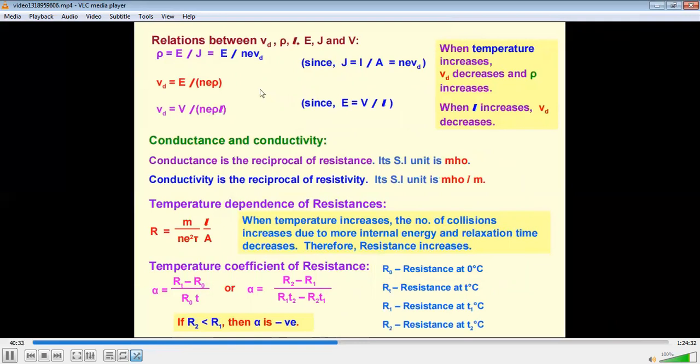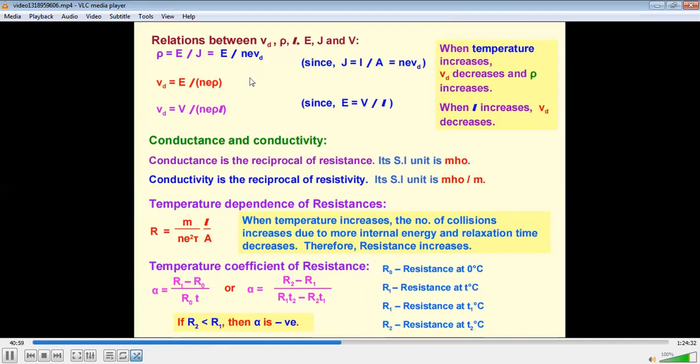When temperature increases, drift velocity decreases, and when specific resistance increases, then length increases and drift velocity decreases. So using these three formulas, rho equals to this one, drift velocity equals to electric field divided by n e rho, and drift velocity equals to V divided by n e rho L.